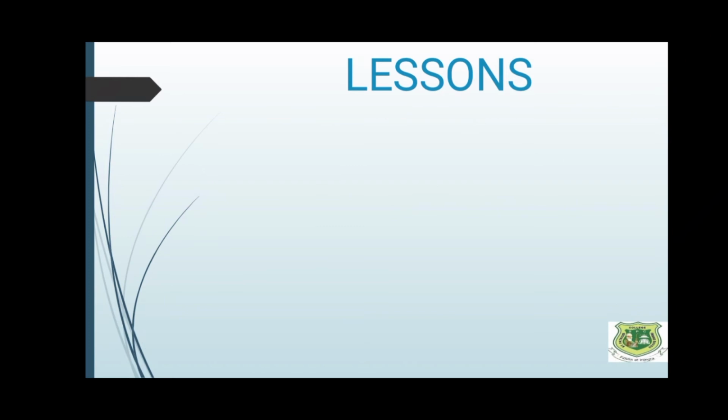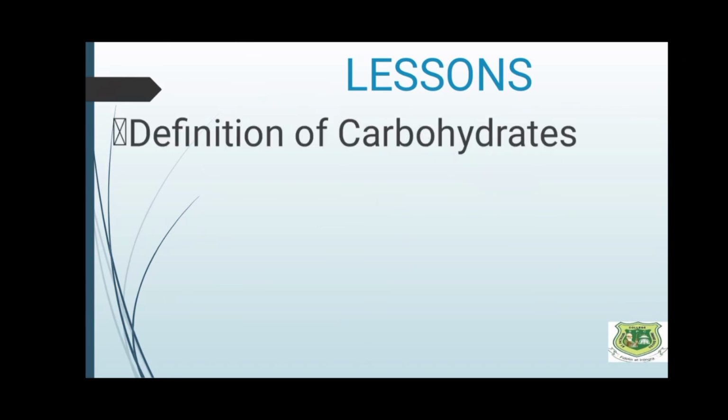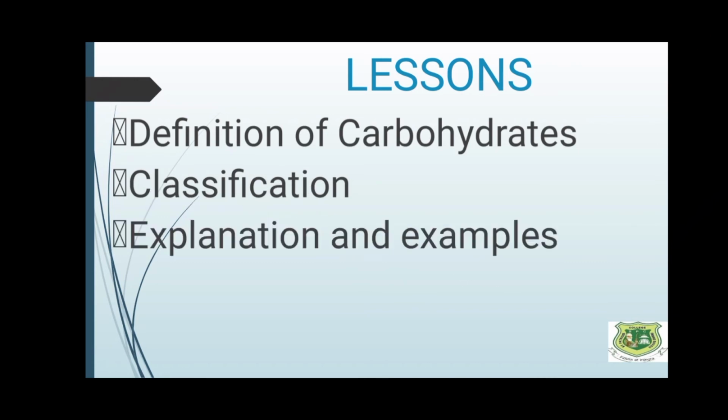Okay, carbohydrates. Carbohydrates are defined as organic compounds of carbon, hydrogen, and oxygen, in which the ratio of atoms of hydrogen and oxygen is 2:1, as in the water molecule.